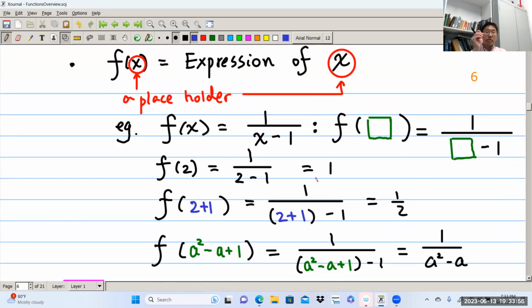So keep in mind, f of x normally is given in terms of an expression of x, right? For example, x squared, absolute value of x minus 1, or maybe later on e to the x, the natural log of x, and you have all these kinds of expressions in terms of x. So that's the rule. If you know the expression in terms of x, that means you know how this function works.